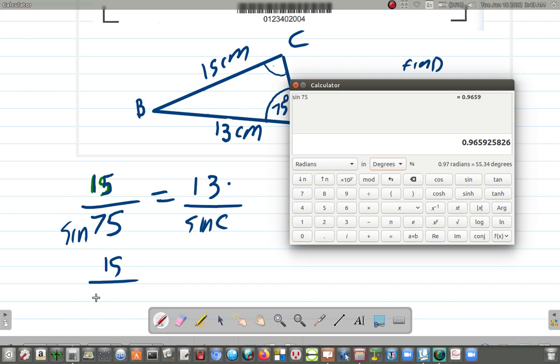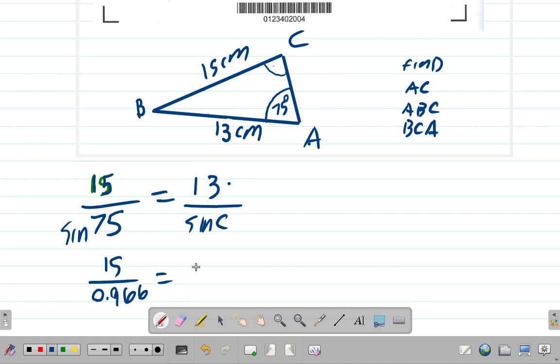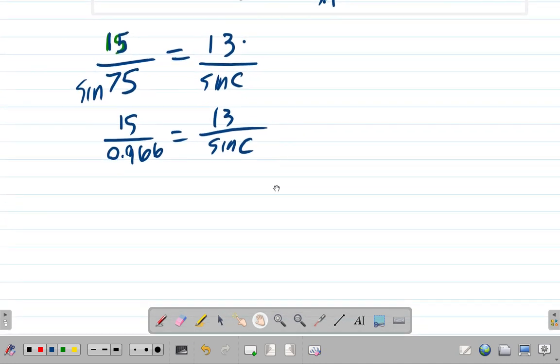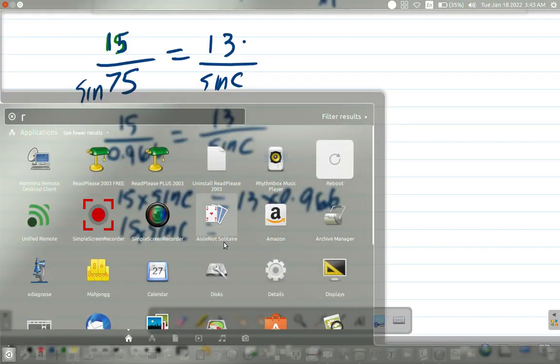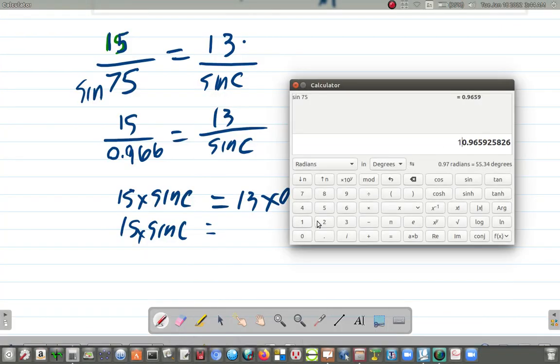So 15 over 0.966 equals 13 over sine C. If we cross multiply, we have 15 times sine C equals 13 times 0.966. 13 times that gives us 12.557.